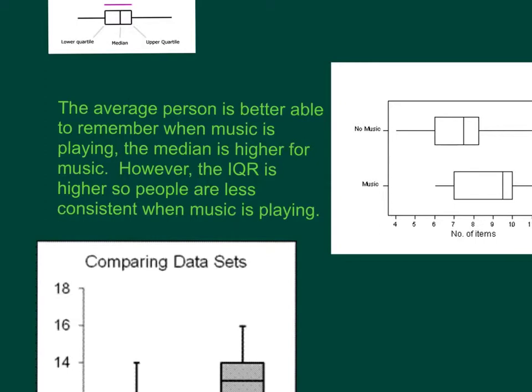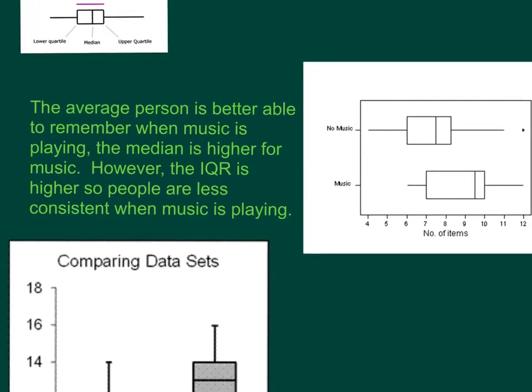And clearly here, the average person, the median person, is able to remember more when music is being played than when it's not. So I've commented about the average person. That's worth 1 mark. I've now got to comment about the consistency or the spread of the people. As we can see in this graph, people are more consistent when there is no music. They're not so spread out.